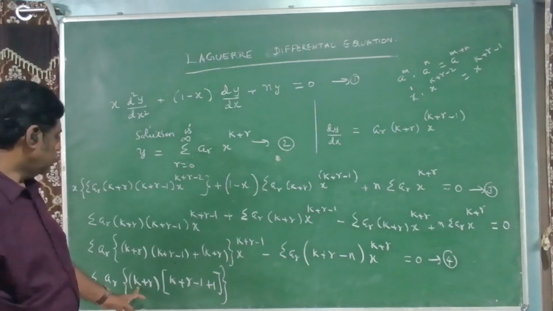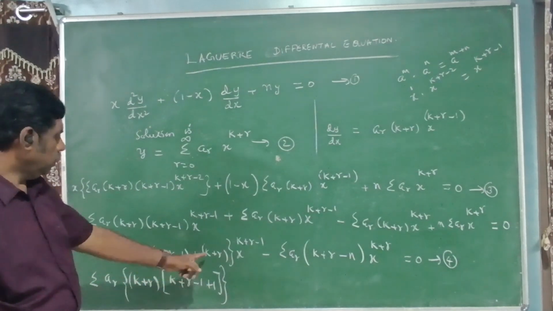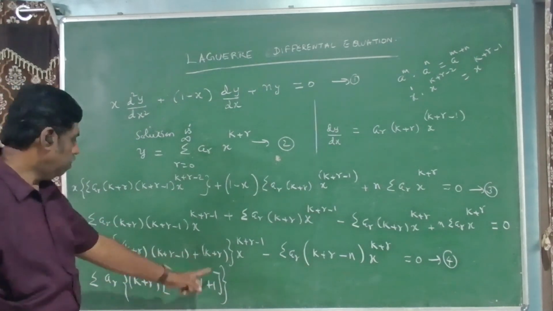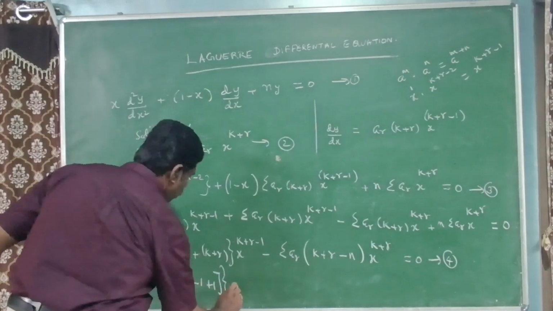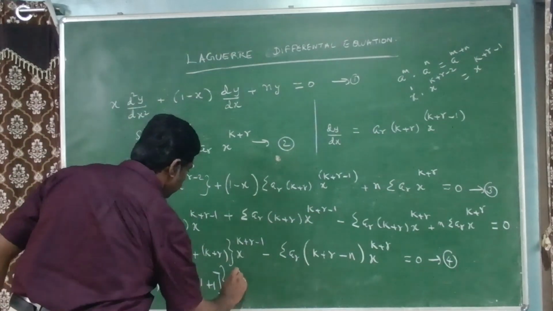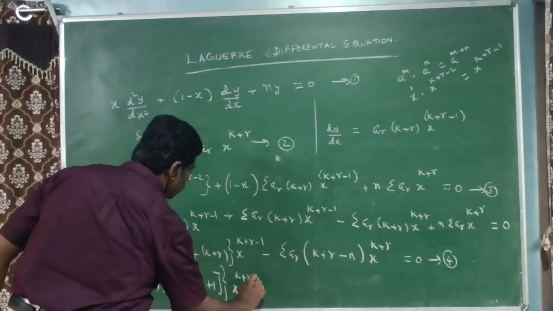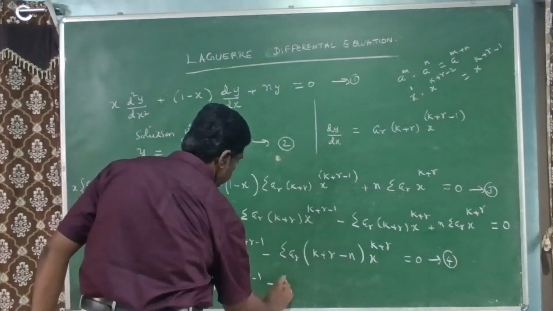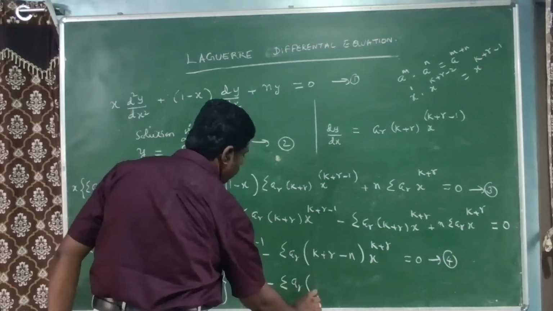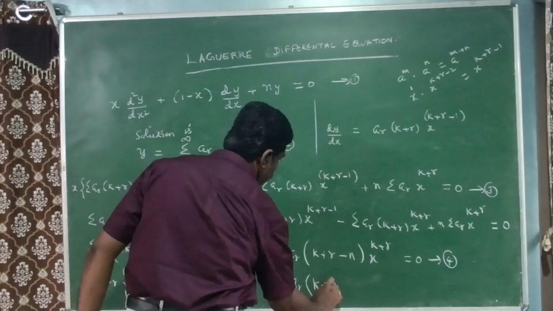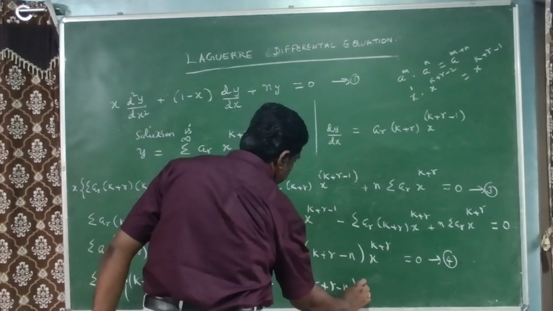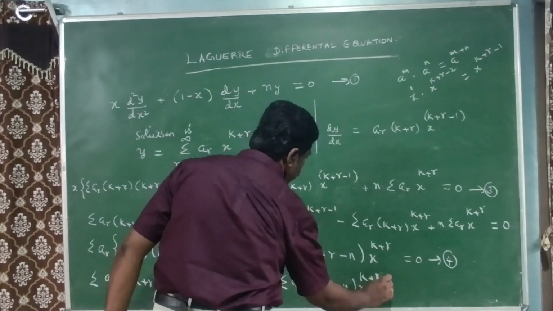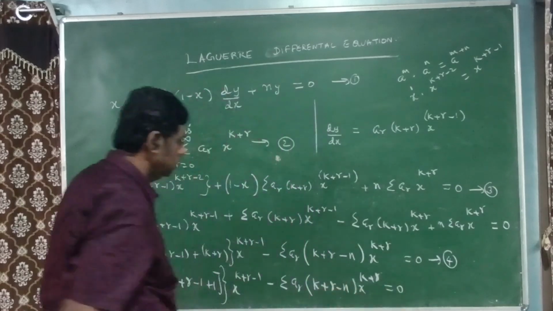We have taken out (k+r) outside: (k+r−1) plus 1. This is multiplied by x^(k+r−1), minus summation over a_r (k+r−n) x^(k+r) equal to 0.